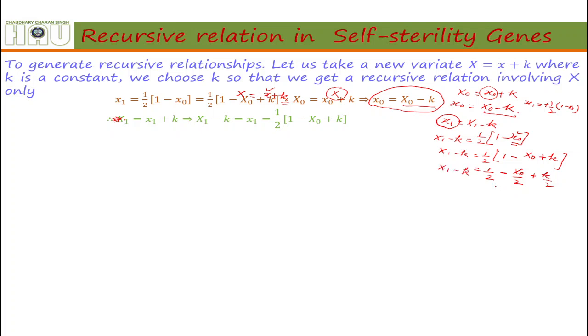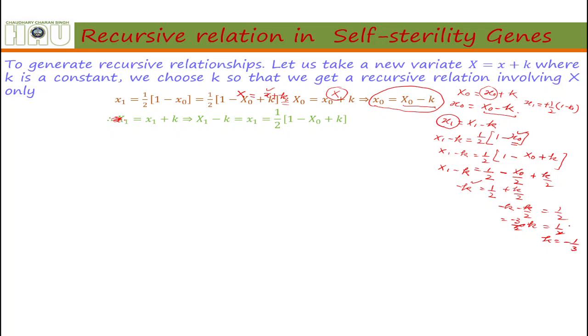So if I compare the constants on both sides, on this side I will get k, and on this side I will get 1 by 2 plus k by 2. And if I transpose this k to this side, I will get minus k by 2 is equal to 1 by 2. So it becomes minus 3 by 2 k is equal to 1 by 2, or I can find the value of k as minus 1 by 3.